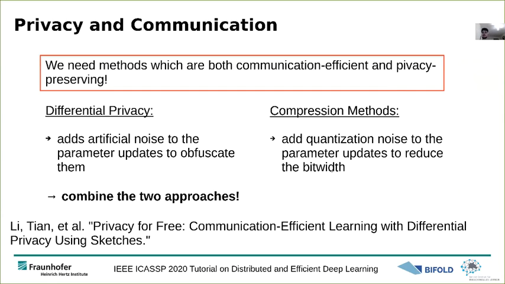So in both cases, noise is added, and of course you might ask yourself, well, can't we use this quantization noise in some way to also get more privacy guarantees, right? And there's, again, good news. It's possible to combine the two approaches, and people have already published on this.